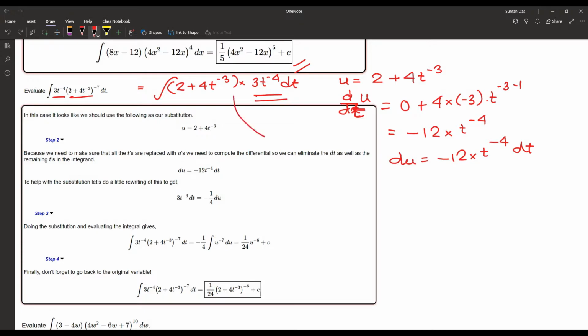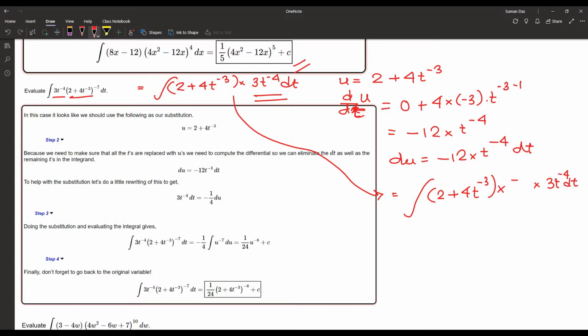So we may write the problem as the integral of (2 + 4t)^(-3) times 3t^4 already has been given.